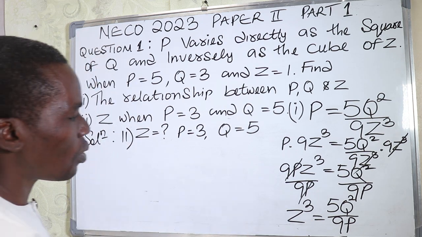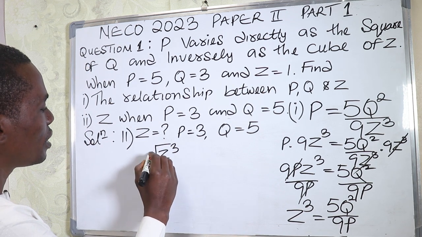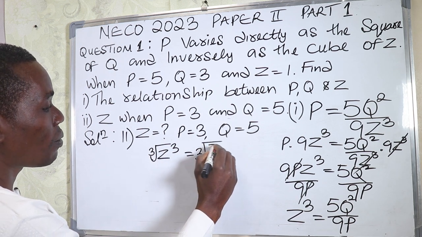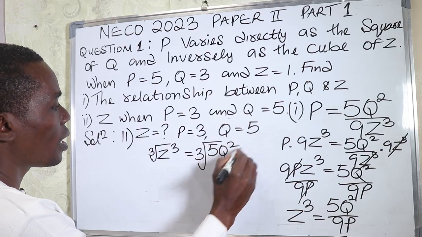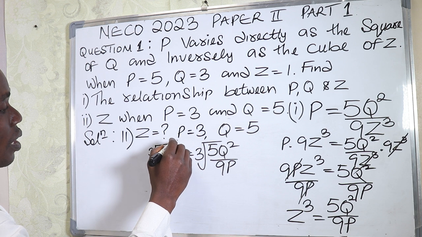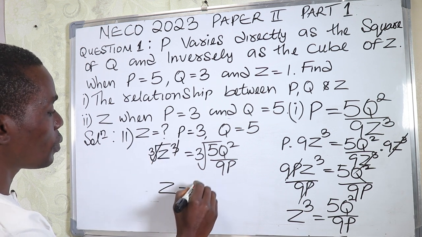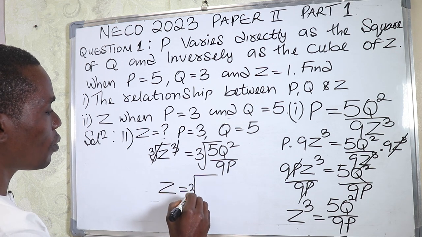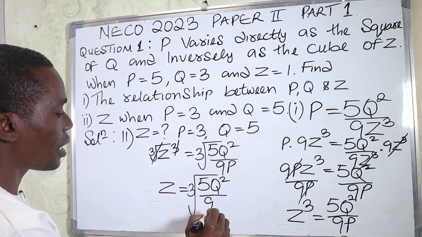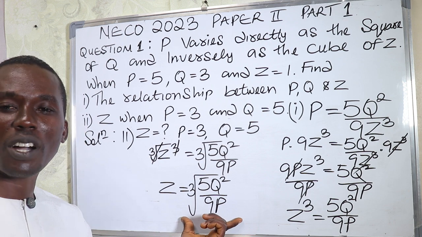So if we take the cube root of both sides, the cube root of z to the power of 3 equals the cube root of 5q squared divided by 9p. That way, cube can clear cube root, and then we'll have z equal to the cube root of 5q squared divided by 9p. And that is what we can use to find the value of our z.